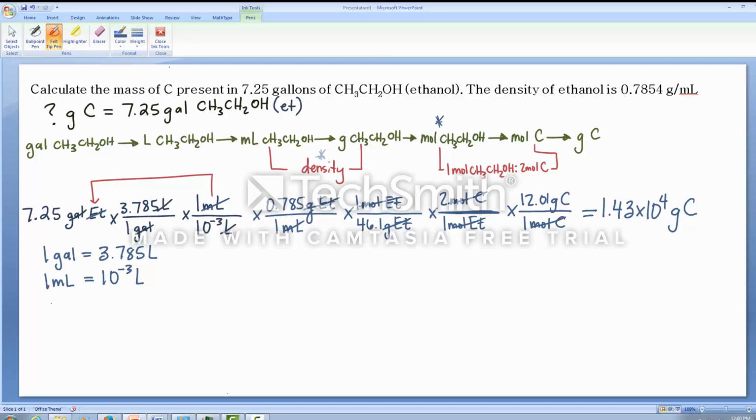We use the fact that 1 mole of CH3CH2OH, which I have abbreviated as ethanol, is equal to 46.1 grams of CH3CH2OH.